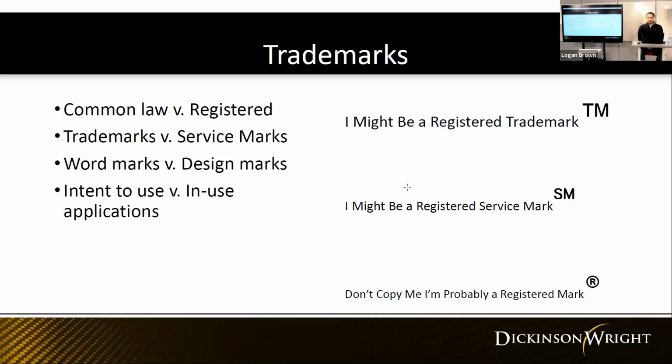You can't just own a word and enforce it against others that might be using it unless you are actually using it for business purposes and for a specific category of goods and services.